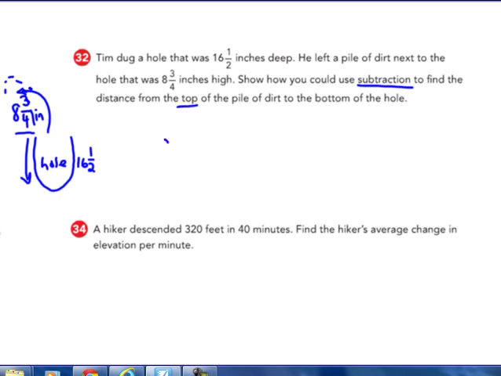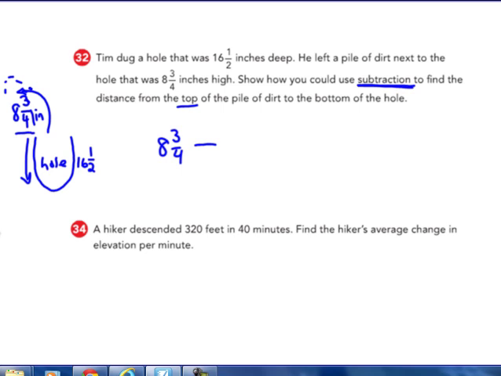Oh, well, that's 8 3/4 inches up to the bottom of the hole.